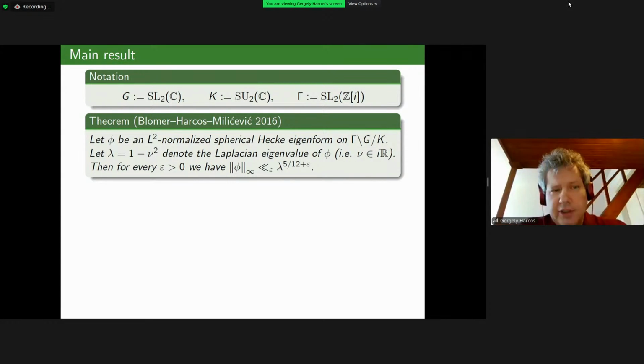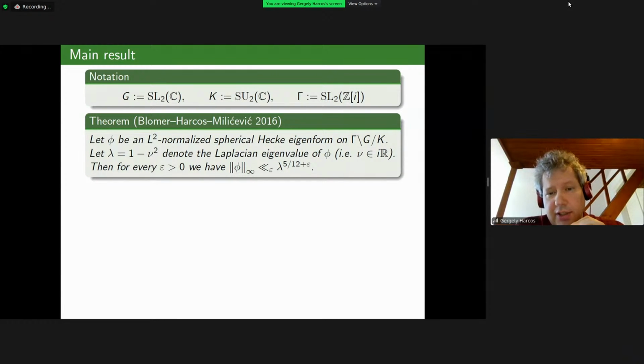But more importantly, let me emphasize that this result is the analog of the very famous, very celebrated result of Iwaniec and Sarnak from '95, which proved the same kind of bound for SL2(R) and SL2(Z).